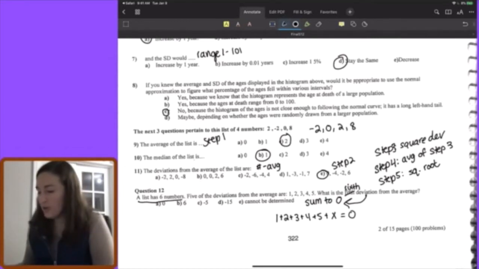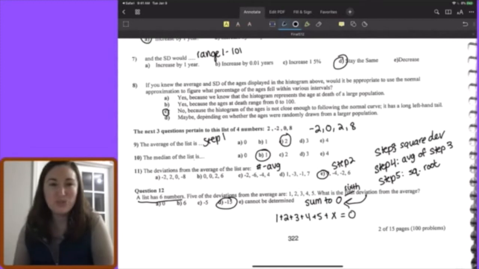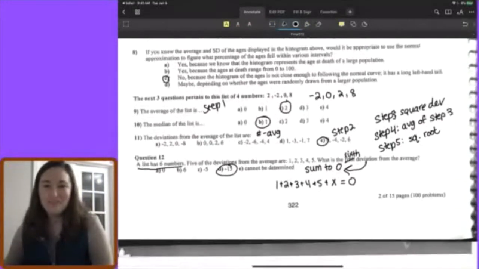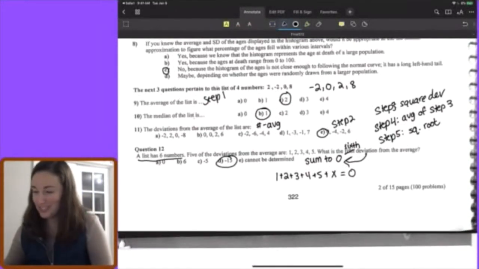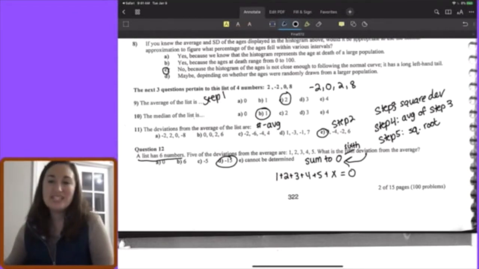And so the missing one, if I add all these up, must be negative 15. It has to be negative, so I know it has to be one of the negative answers, because all those are positive. This is something I get questions on a lot, because people ask how do I figure this out? But remember, the deviations sum to 0.